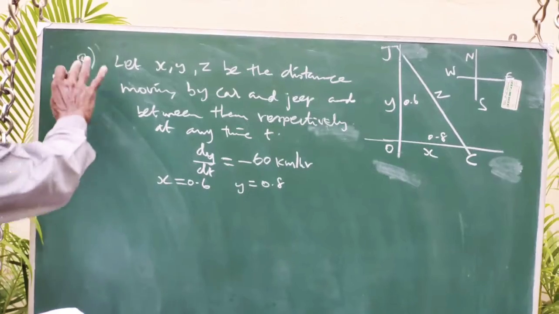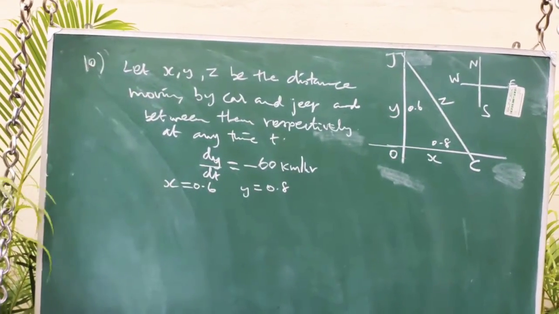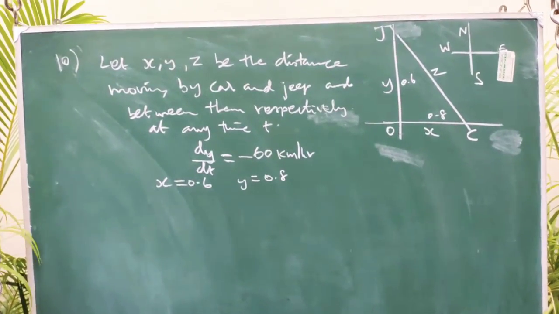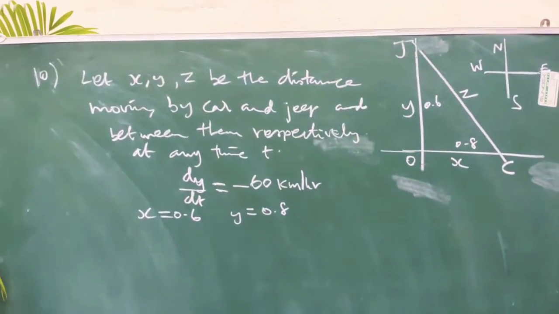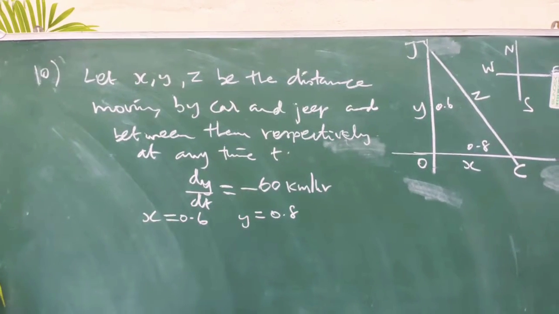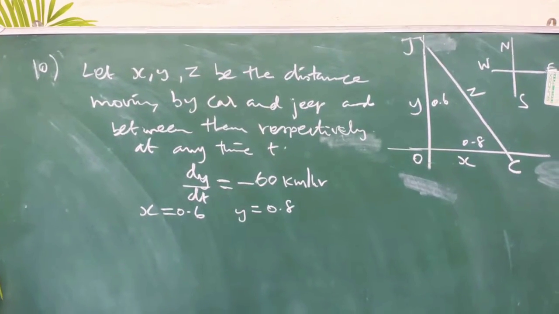Question number 10 in the exercise 7.1. A police jeep approaching an orthogonal intersection from the northern direction is chasing a speeding car that has turned and is moving straight east.